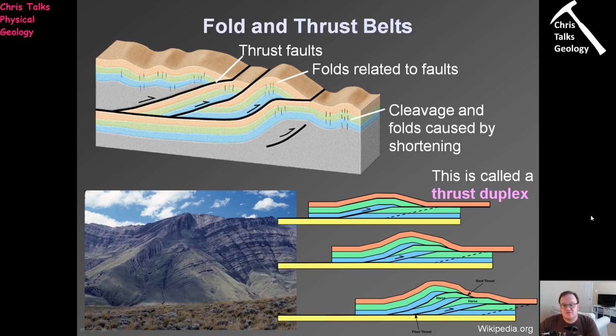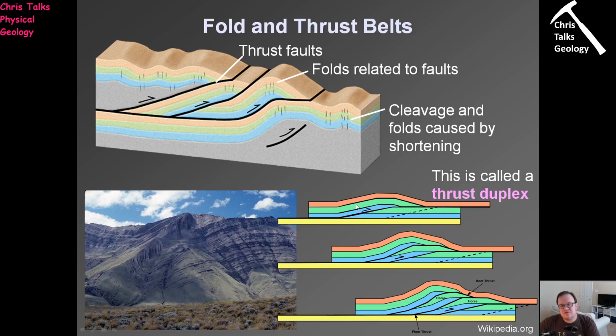And all of this movement is produced by thrust faults, pushing one package of rocks over the top of another package of rocks, over the top of another package of rocks. So you're thinking, all right, why is this so interesting? Well, imagine you do this a lot. Imagine you do it hundreds of times, thousands of times maybe. What's that going to produce? Well, just look at the picture here.